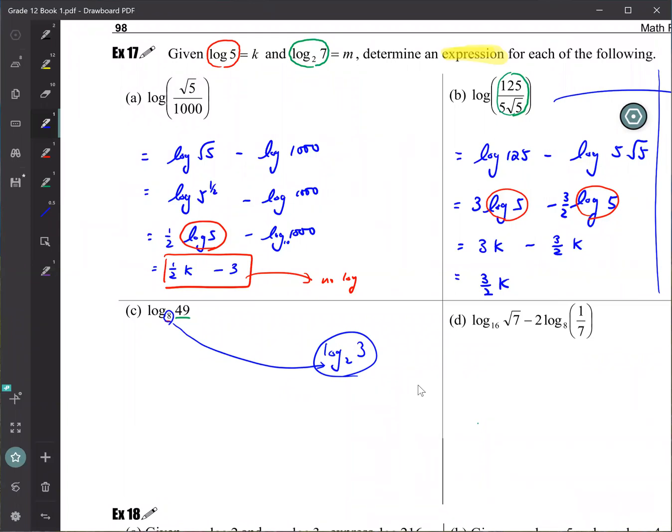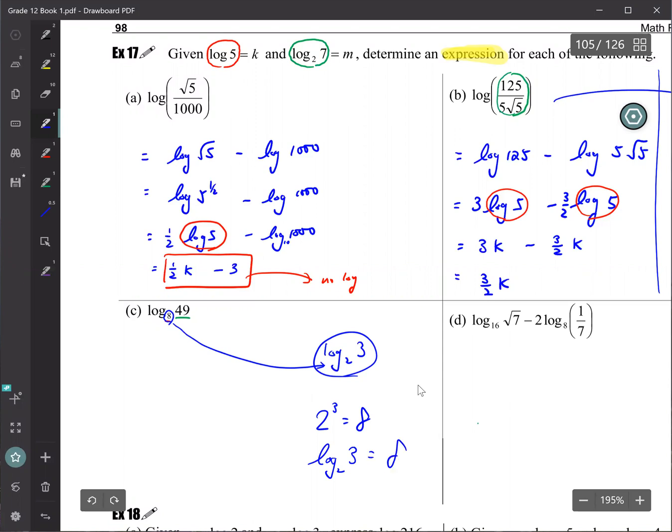Okay, 8 is 2 to the power 3, but why do you put a log? Because it was at the front. I know 2 to the 3 is 8, so I don't understand why you say log 2, 3 is 8. No, the base is 2 to the power 3 equals log base of 8.